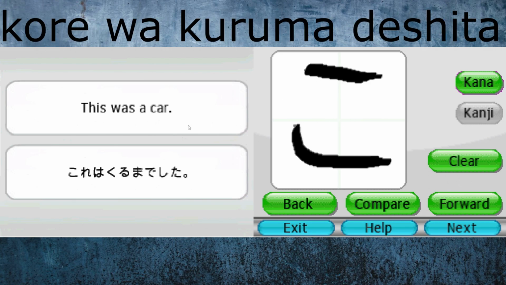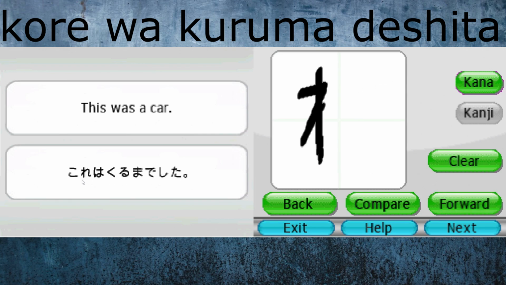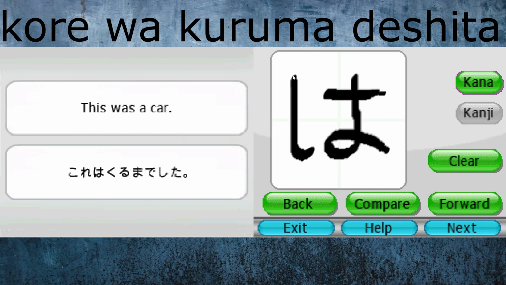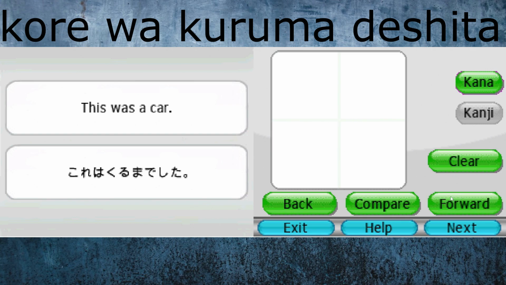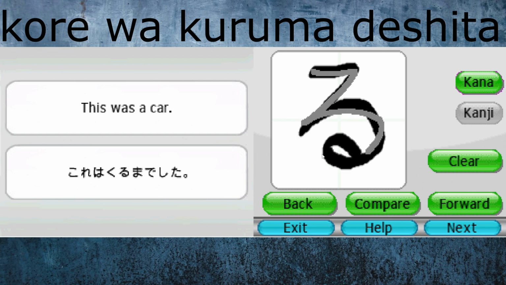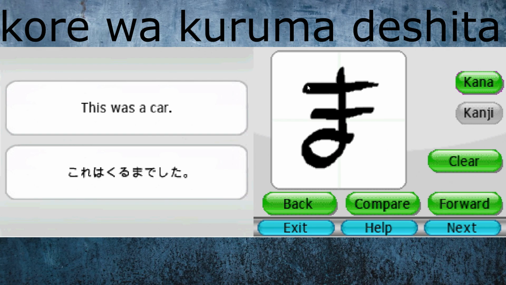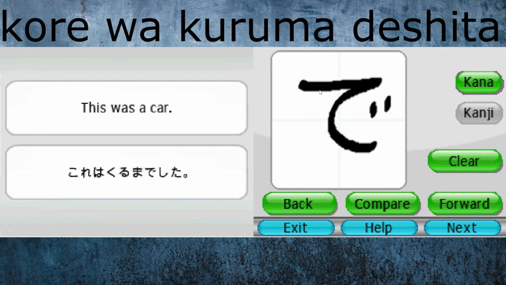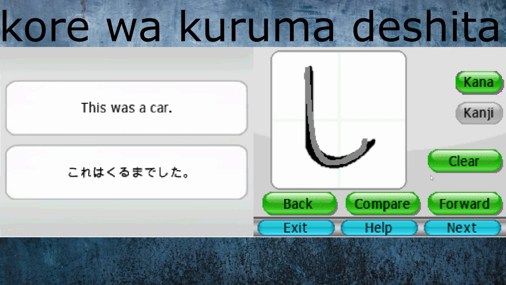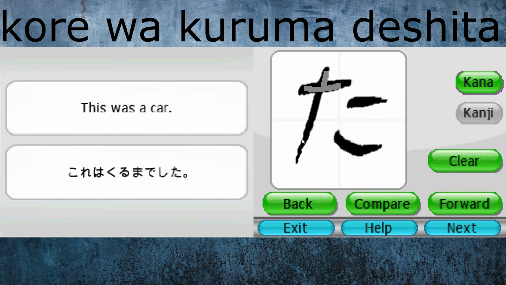To say this was a car is kore wa kuruma deshita. So kore means this. Wa means is. Kuruma is a car. And deshita is basically was.